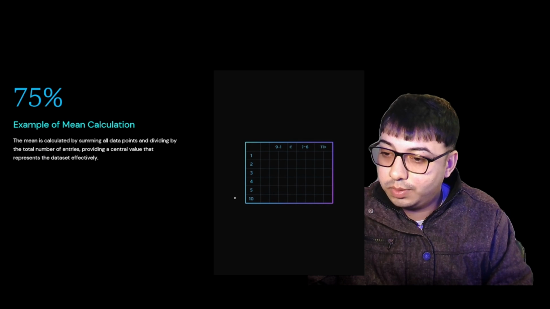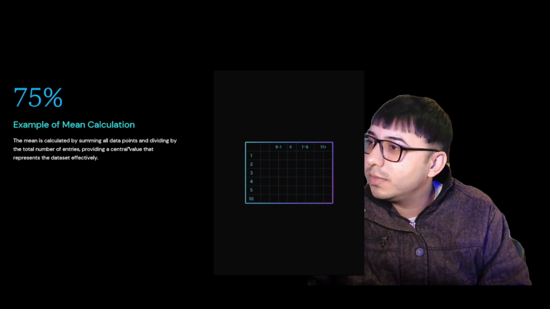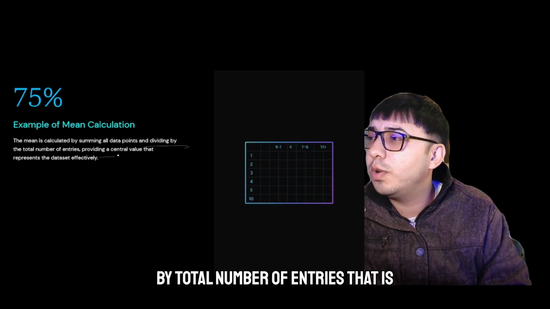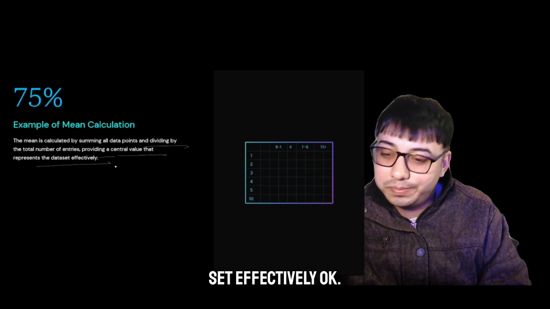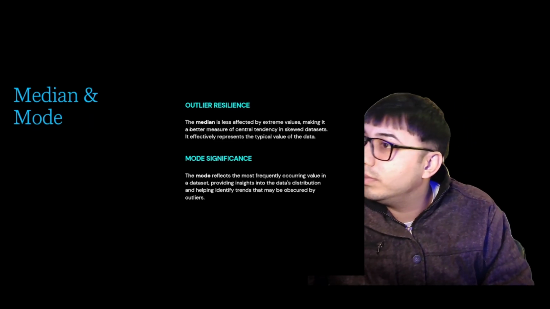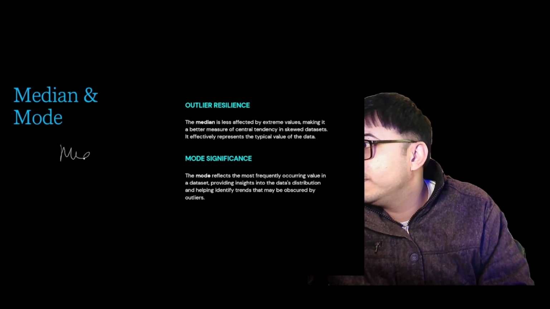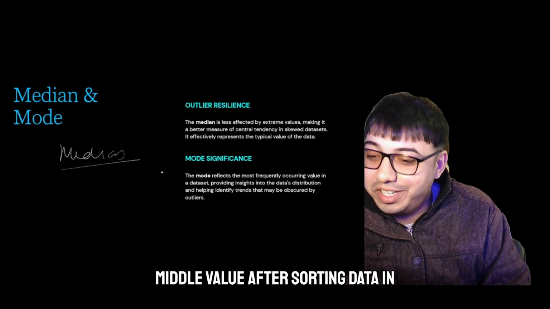The mean is calculated by summing all data points and dividing by the total number of entries, which provides a center value that represents the data set effectively. And the median is the middle value after sorting data.